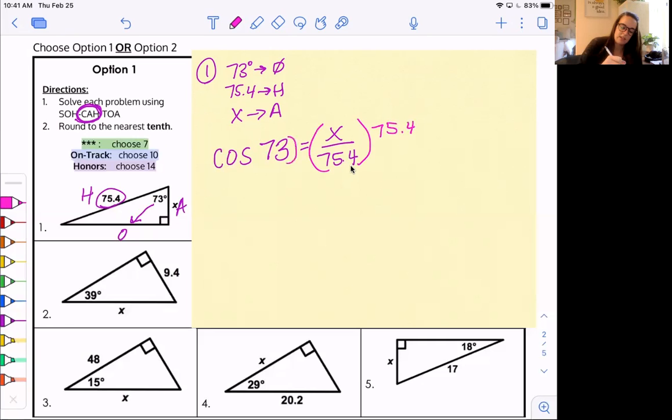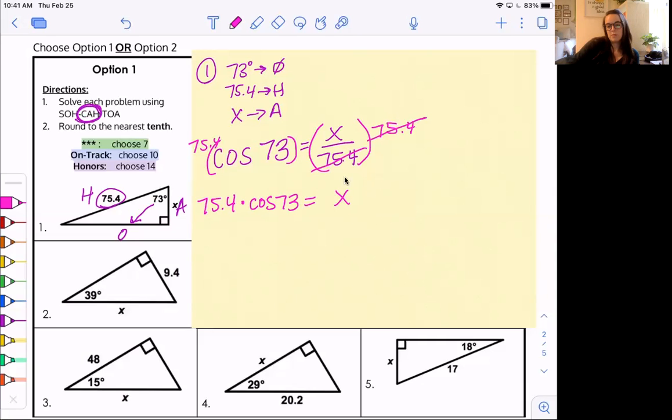And what I do on one side, I have to do on the other side, 75.4. So 75.4 divided by 75.4 is 1, so it cancels. It's going to leave me with X equals 75.4 times, or we can just put the little bubble for times, cosine 73.